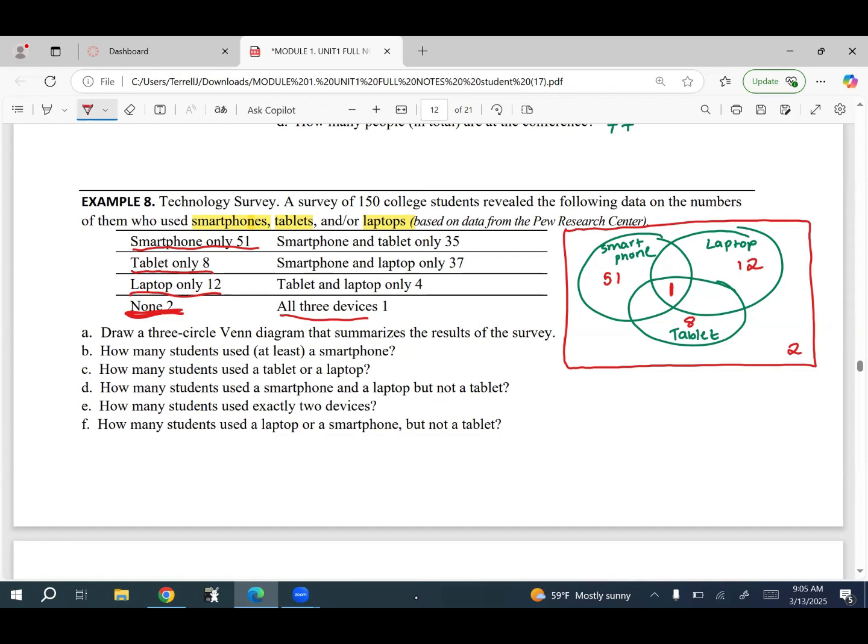And then in our next column, smartphone and tablet only. So look at the smartphone and tablet circles and look at where they have a common piece, which would be right here. That's 35. And then smartphone and laptop only. So look at smartphone and laptop, where they share overlap would be right here. And finally, tablet and laptop only, that's shared right here. That would be 4.